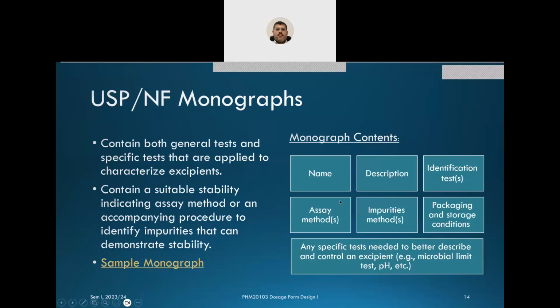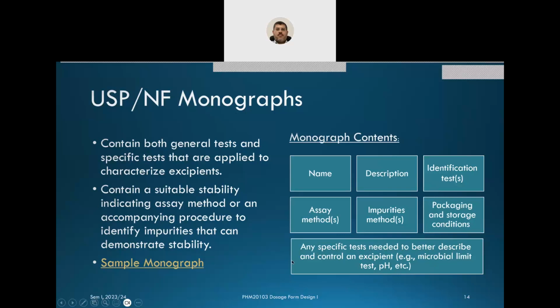Then quantitative tests for assay and assay of impurities. And it will give information about packaging and storage conditions suitable for this. And any specific tests needed to better describe and control an excipient, for example, microbial limit test, pH, and so on.